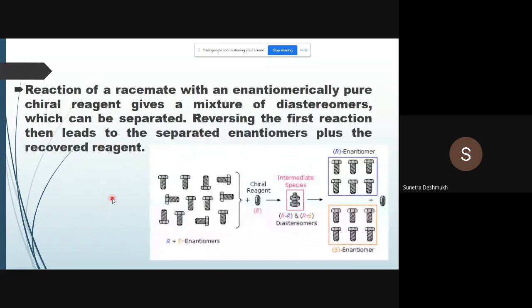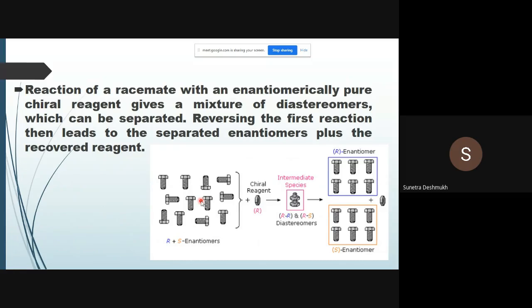So here is a diagrammatic presentation of how we can go for the resolution. First we take the racemic mixture, R plus S enantiomers; both R and S are present.